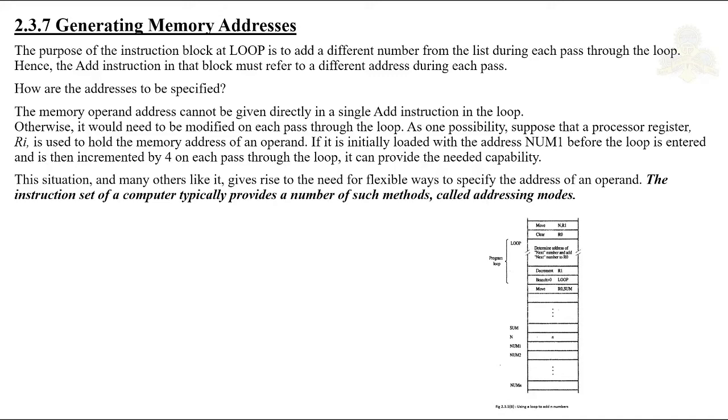Then it is incremented on each iteration through the loop, so that for the first iteration the num1 value is taken, for the next iteration the num2 value is taken, and so on. The instruction set of the computer provides a number of such methods, called addressing modes. How do you specify the address of the operand? It will be given in an addressing mode.